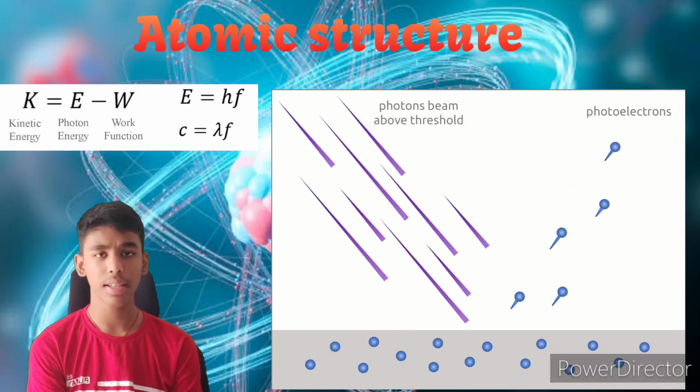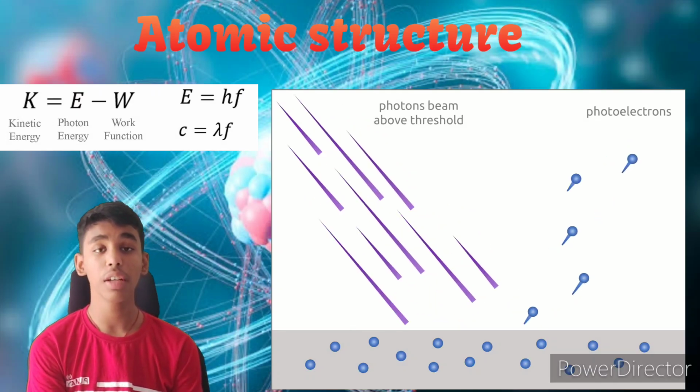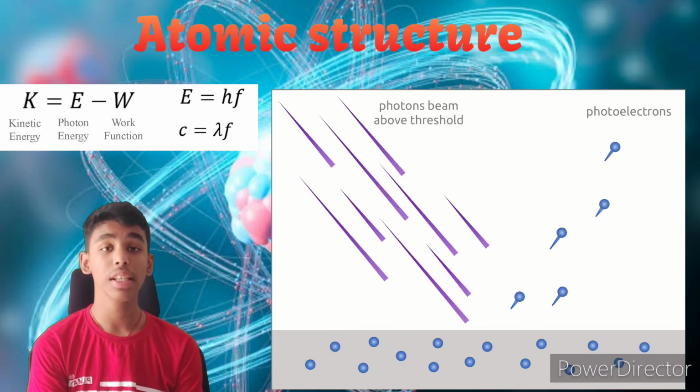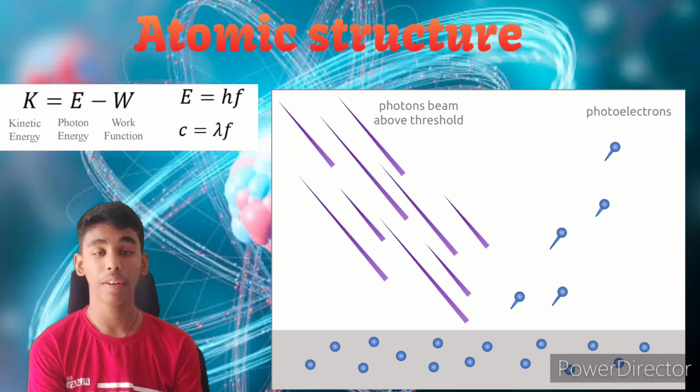The work function is nothing but the minimum amount of energy needed to eject an electron. So this is the formula for the kinetic energy, and this is all about the photoelectric effect.